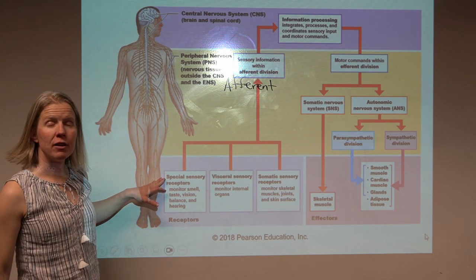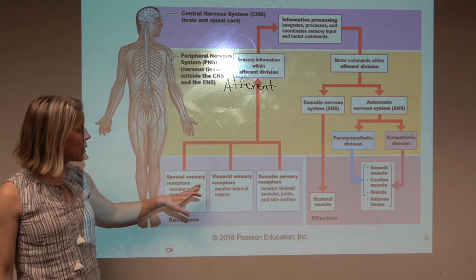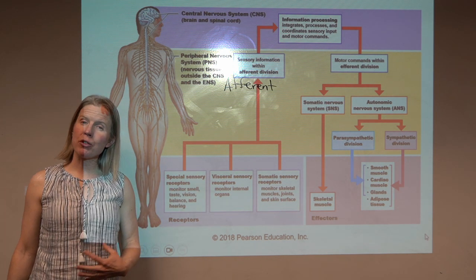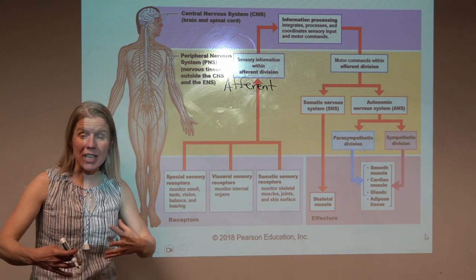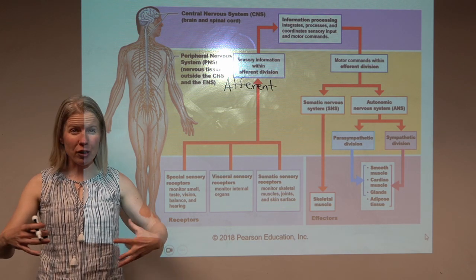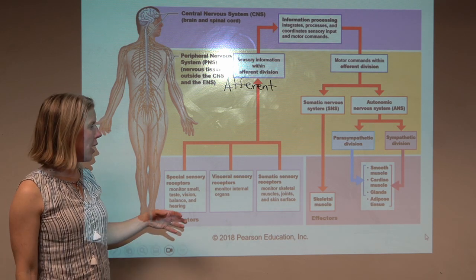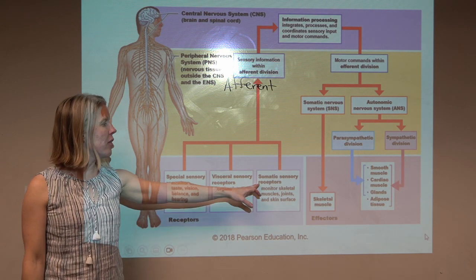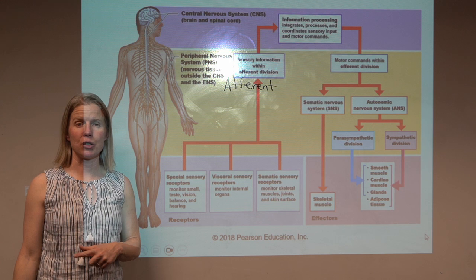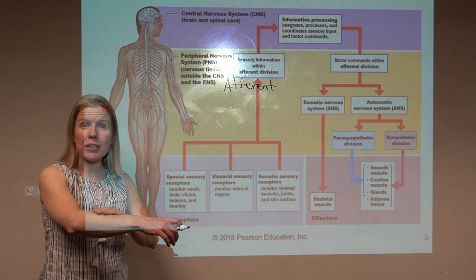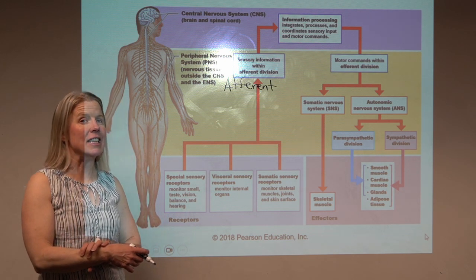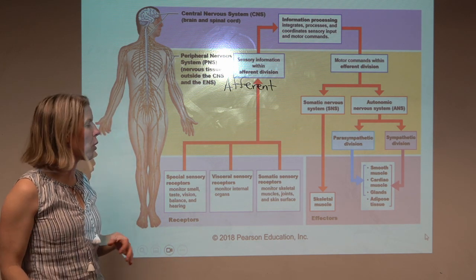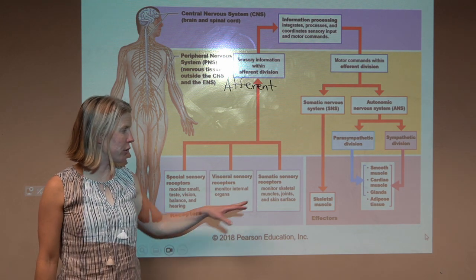So we have information from the special sense organs. We have a lot of receptors in the viscera, in the guts, right? So receptors that tell us when the stomach has stretched, that's how we know we're full, etc. And then also somatic sensory receptors. These might be receptors on the surface of the skin that we talked about in the integumentary chapter. We'll get into some more detail here in the nervous system.